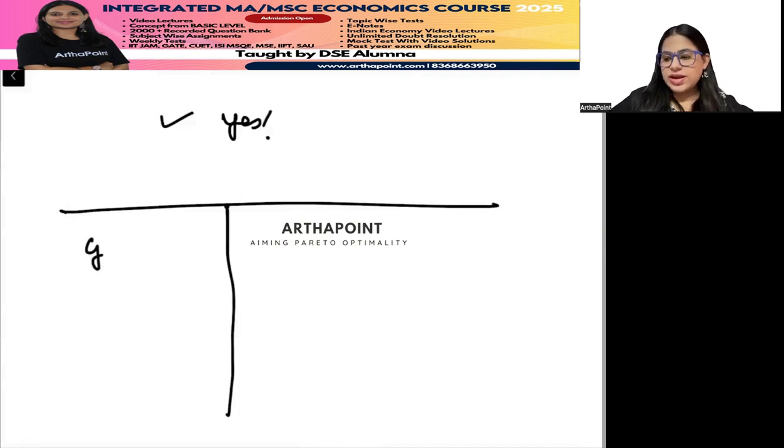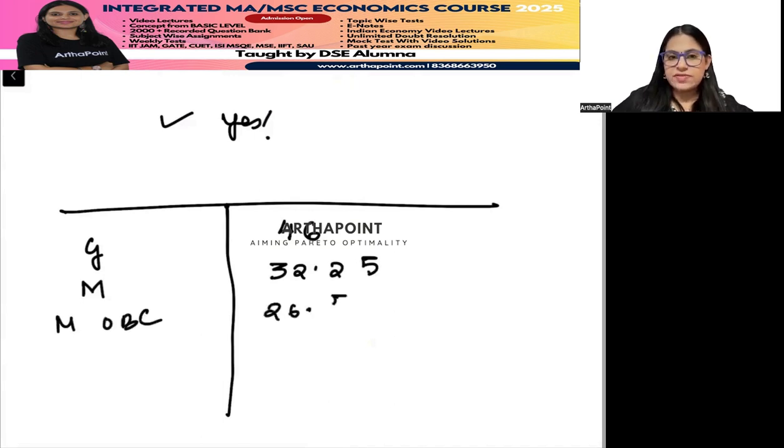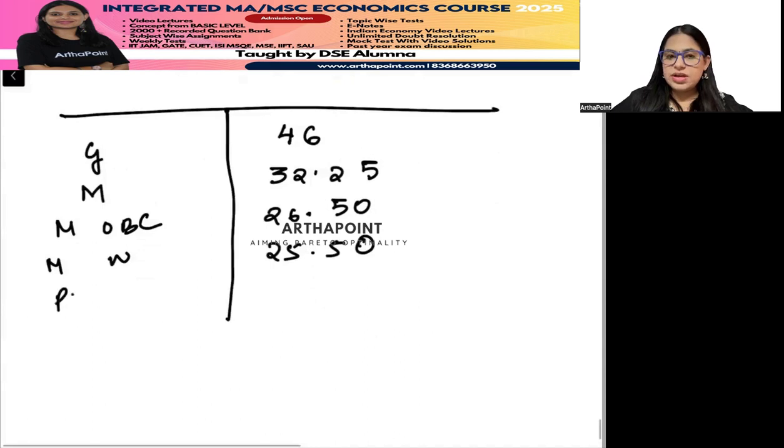For the general category, the cutoff was 46 marks out of 100. For Muslim category, the cutoff was 32.25. For Muslim OBC, the cutoff was 26.50. For Muslim women, the cutoff was 25.50. For PWD, the cutoff was 24.